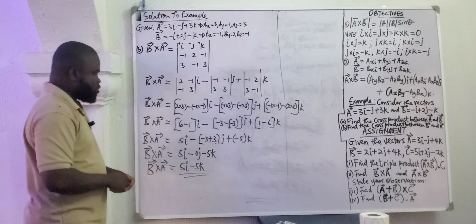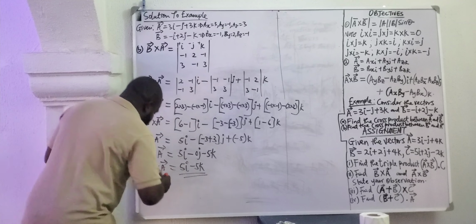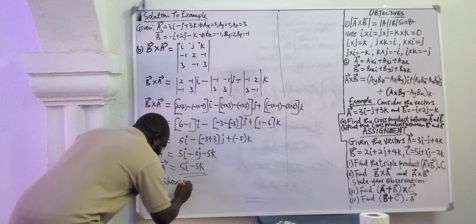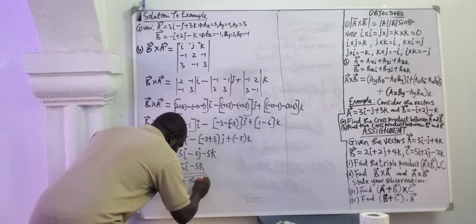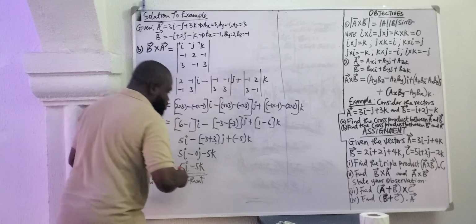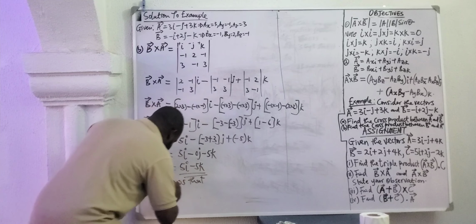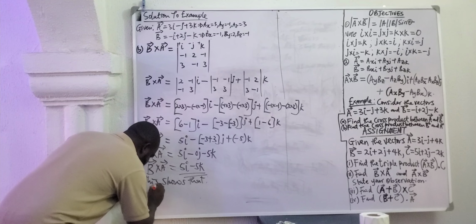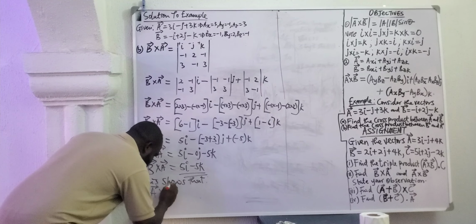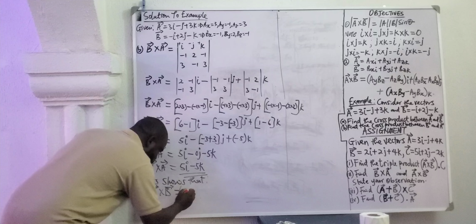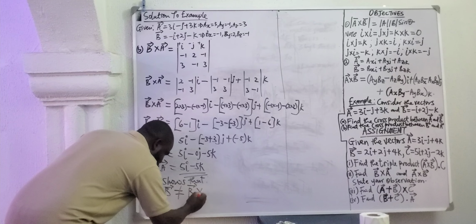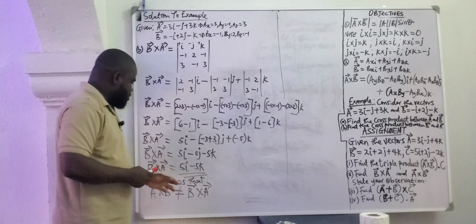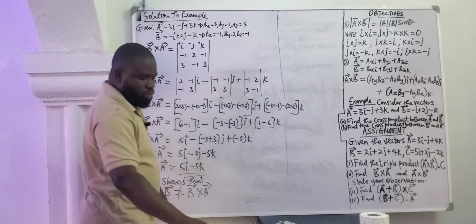So what is this confirming to us? This shows that cross product is not commutative. It shows that A cross B is not equal to B cross A. So we are saying that the cross product is not commutative.